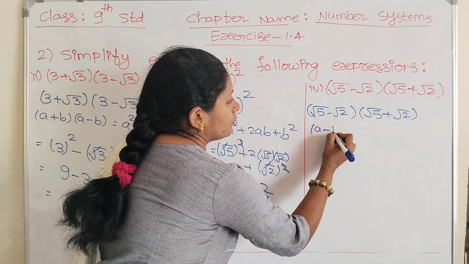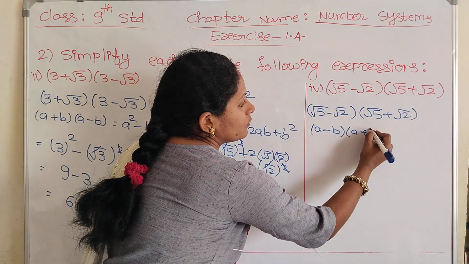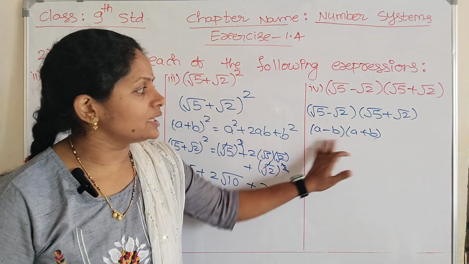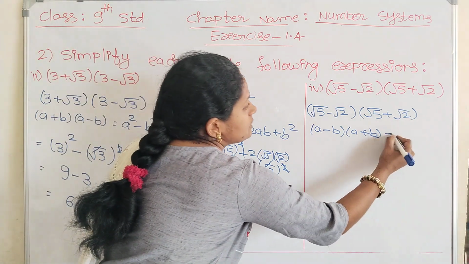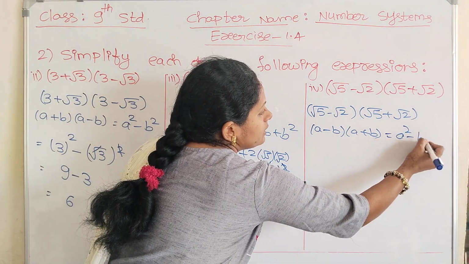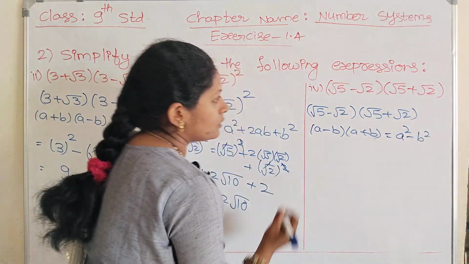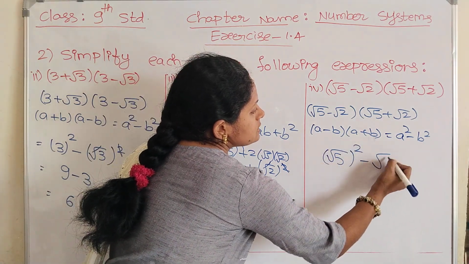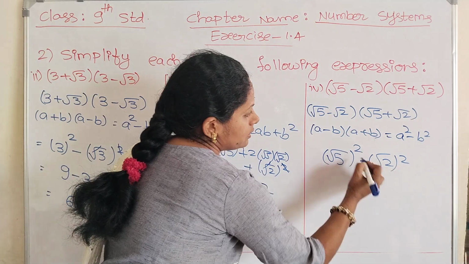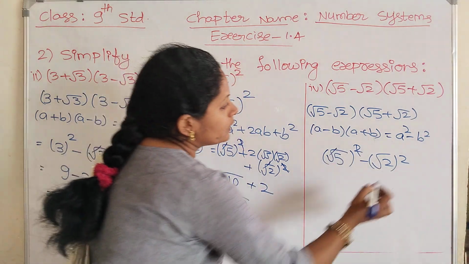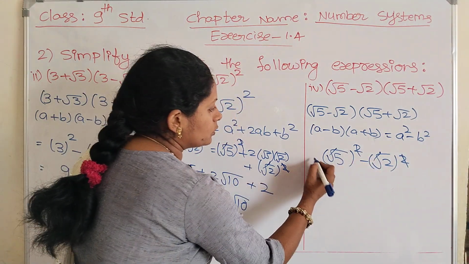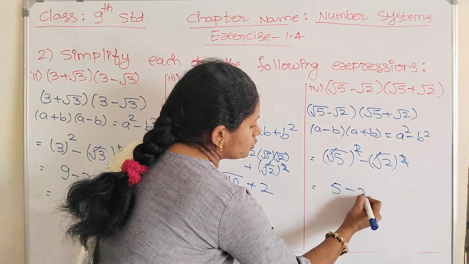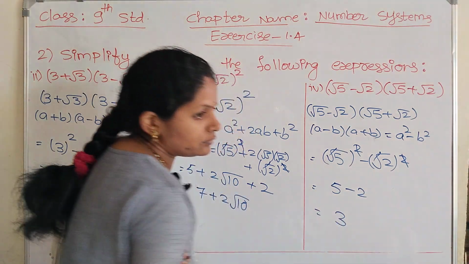As multiplication is commutative, if we change the order, we still get the same answer, that is a square minus b square. A square means (root 5) whole square, minus (root 2) whole square. Square and square root, square and square root, both will get cancelled here. Remaining is the 5, here will be the 2. 5 minus 2 is 3.